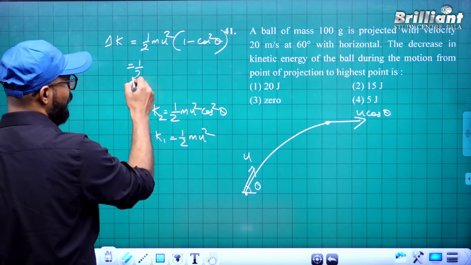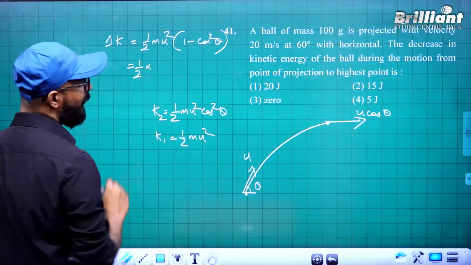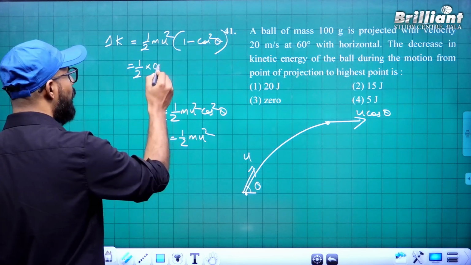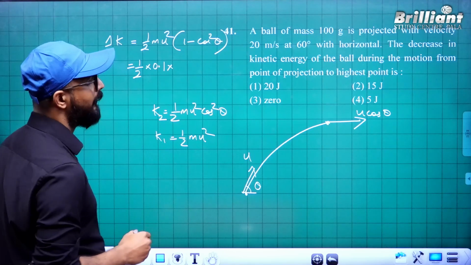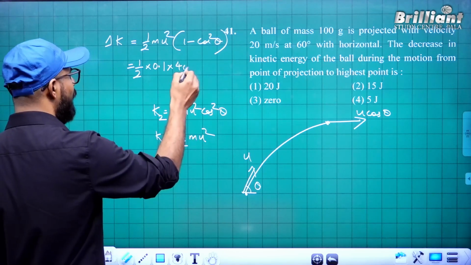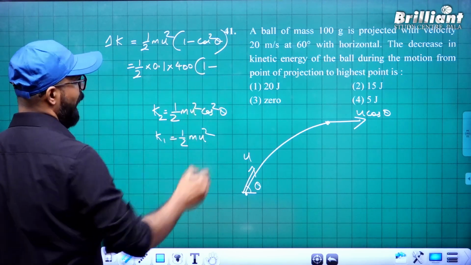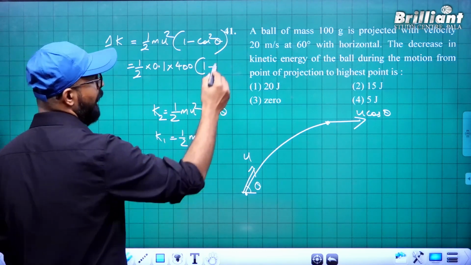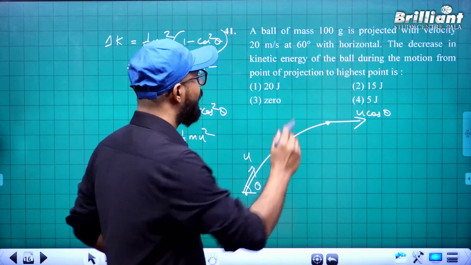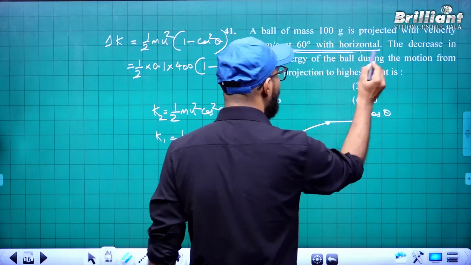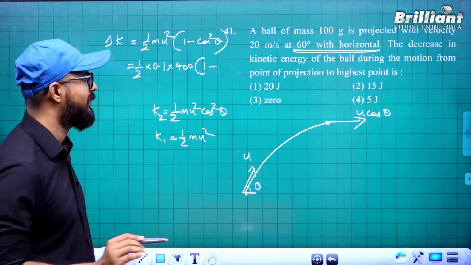Now if you substitute, half into 100 gram would mean 0.1 kilogram into u square, that is 20 square, that will be 400. 1 minus cos square 60, this is 60 degree with horizontal. Always check that. Clear? Whether it is 60 degree with the horizontal or 60 degree with the vertical, always check that.